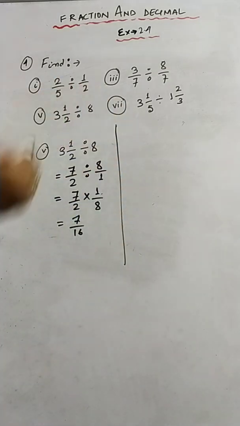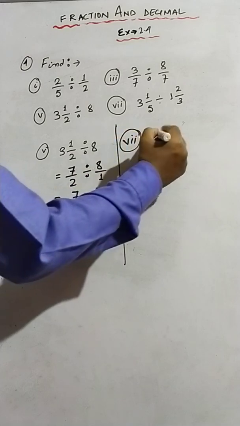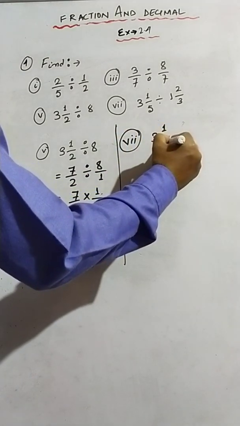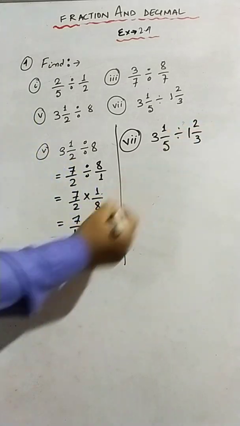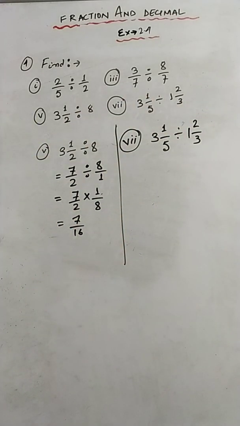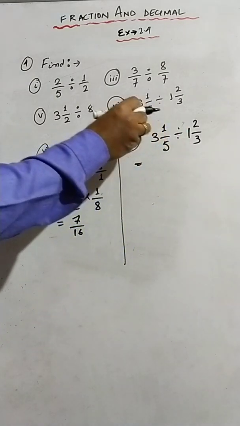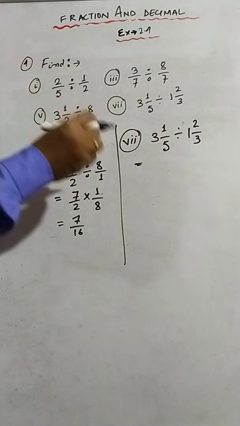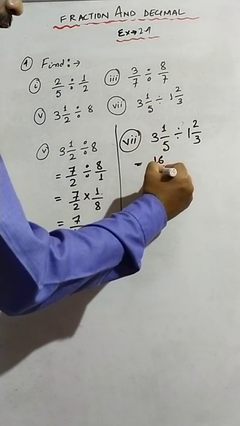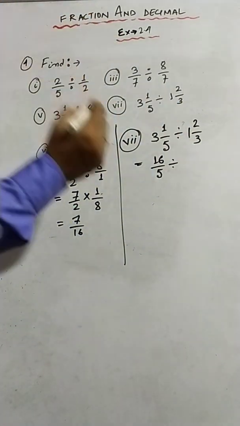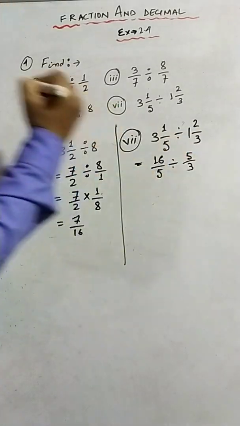Students, now let's move on to sum number 7. Sum number 7, that is 3 1 by 5, division sign, 1 2 by 3. Now both the fractions are in the form of mixed fractions. So the first thing that we'll do, we'll change the mixed fraction form into improper form. So 5 3s are 15 plus 1, 16 by 5, division sign. 3 1s are 3 plus 2 is 5 upon 3.